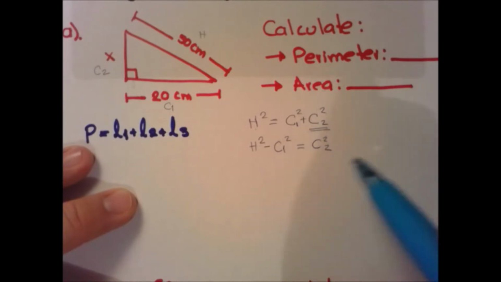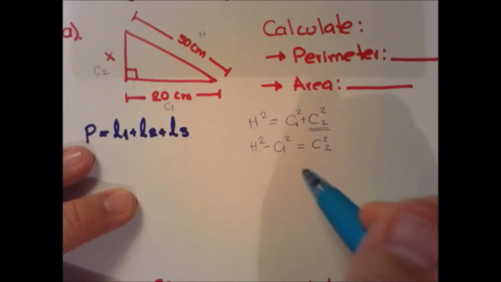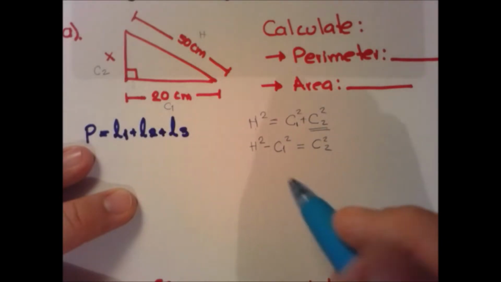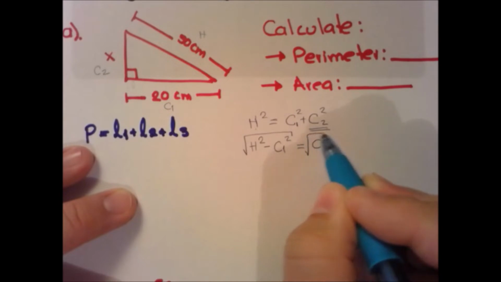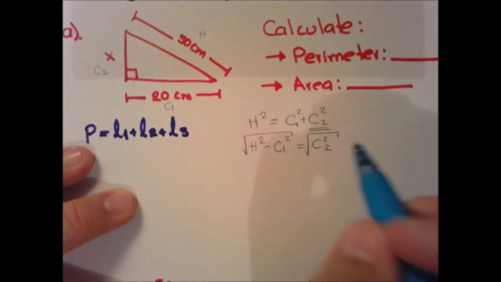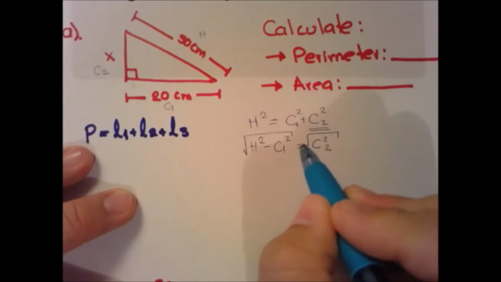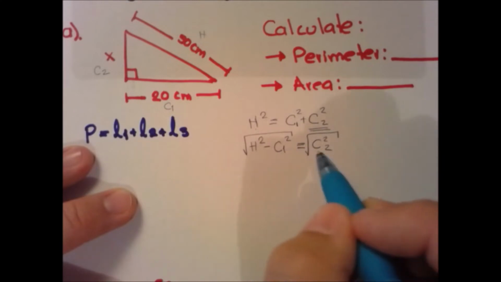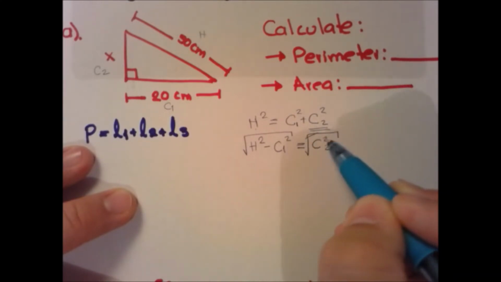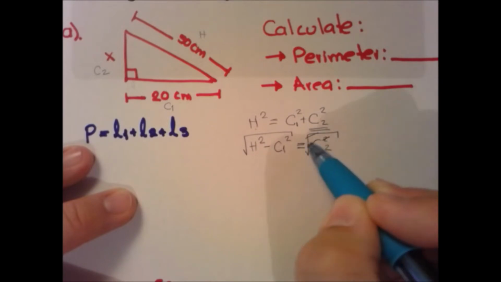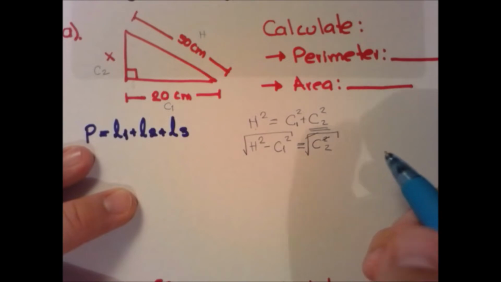Well, according to the clear process, I just need to use a square root here and a square root here. Why on both sides? Because I need to keep the equilibrium of the equation. In that case, I'm going to eliminate the square with the square root, because those are inverse operations.